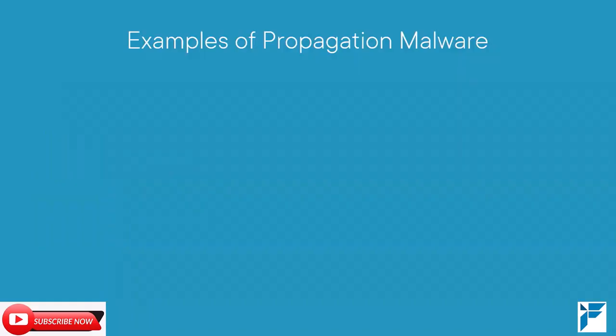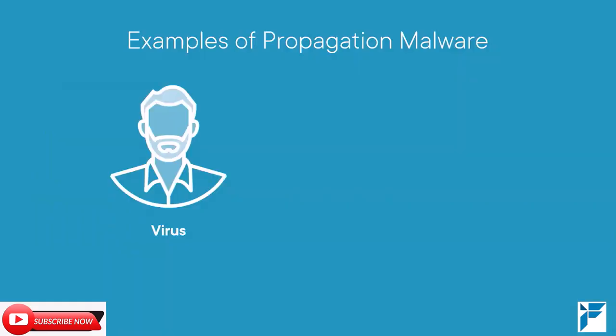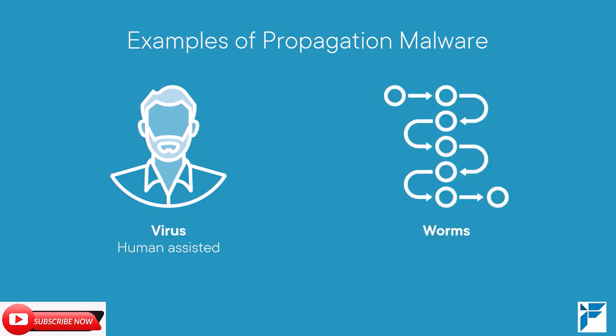When it comes to propagation, some examples would include things like a virus, which does require user assistance, meaning I have to execute a file in order to infect the system with the virus. We also see worms. Worms are typically automatic, meaning that no interactions are required.